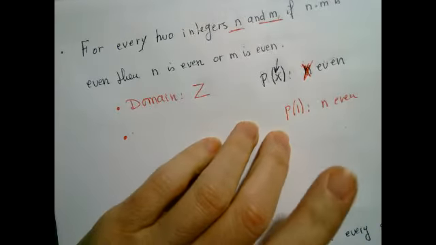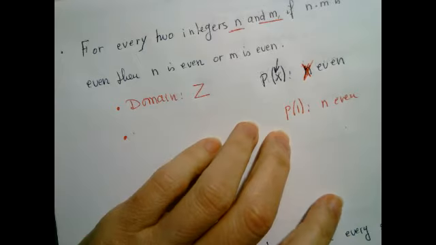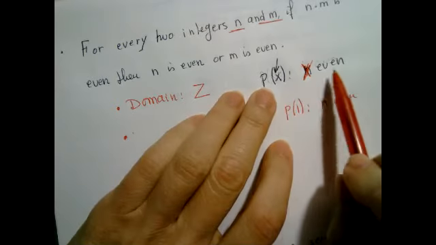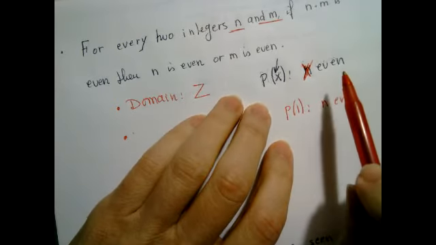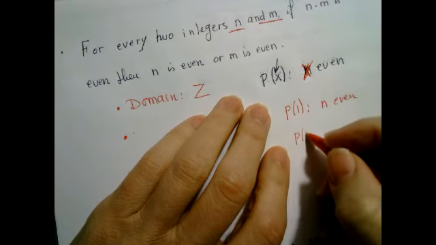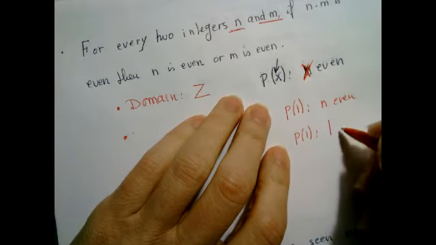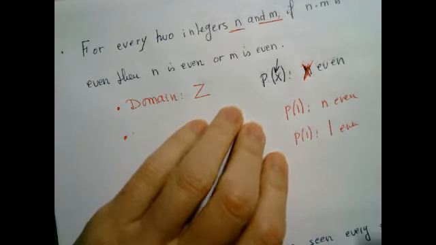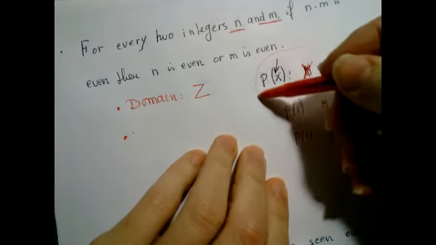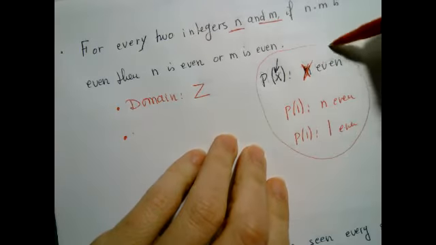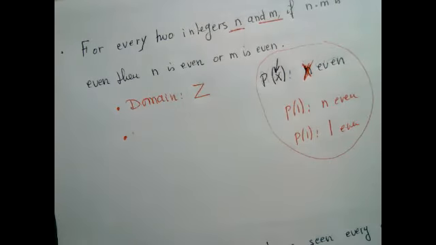This is not a statement, this is nothing. It's not true or false. When I put P of x, x even, that makes sense. And then P of 1 will read "1 even," which is a true statement. Okay, so when you're writing your predicate, you have to be very precise. Things should make sense, absolutely.